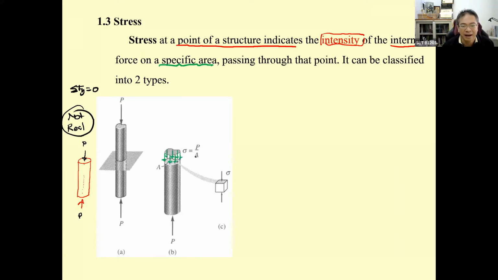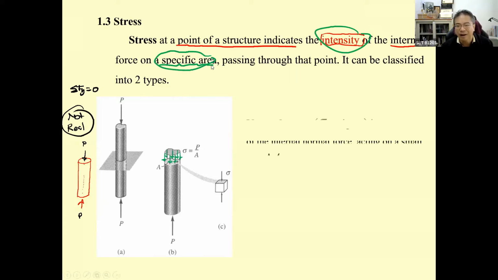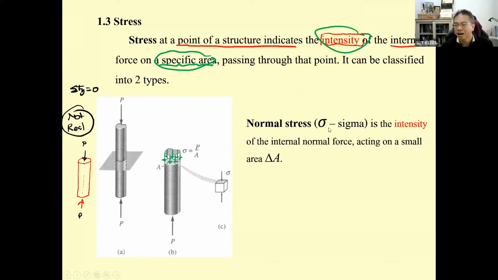The definition of the stress is the intensity of the force, the force divided by the area, and this is called normal stress. The symbol is sigma. We say sigma equals the limit of delta F over delta A when A approaches 0. This is the mathematical definition.